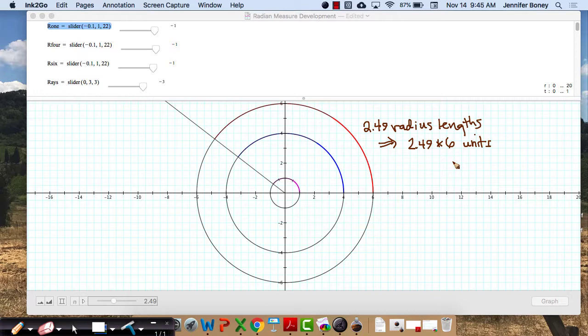So let's just stop at this spot right here where I've got this 2.49 radius lengths. Regardless of which of these 3 circles I'm talking about, I'm just going to use the outermost one because it's bigger and easier to see. But this spot here on the circle, on any of these circles actually, has a specific relationship between the x and the y coordinates and this angle.